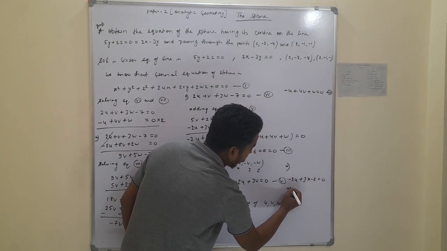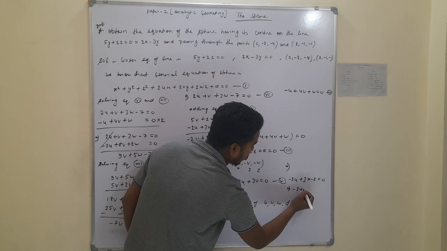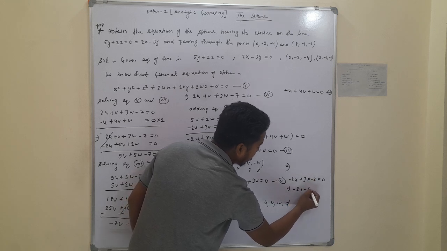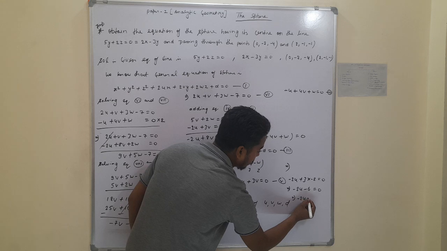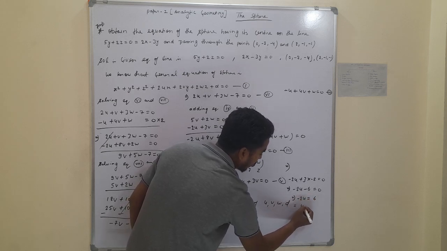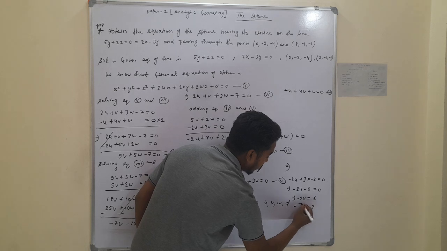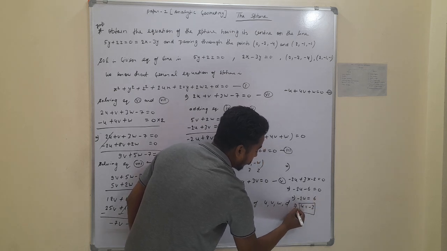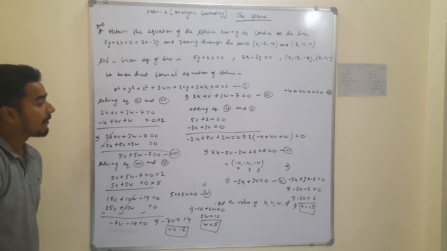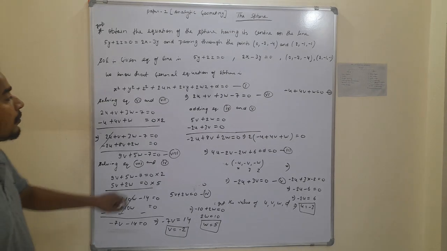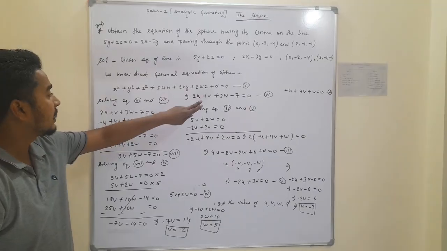We get minus of 2u, and this is minus of 6 is equal to 0, and minus of 2u is equal to 6, and so u is equal to minus of 3. We get u, v and w, and further we have to put u, v, w in the equation 6.